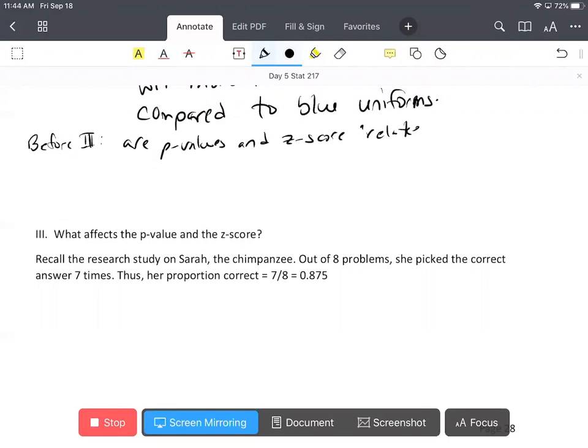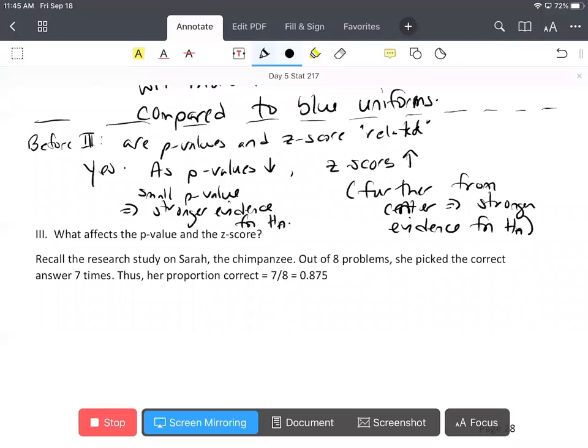Related not in the sense that you can calculate one directly from the other, but do they move the same way? How do they work? I suggest pausing and writing down what I have here.